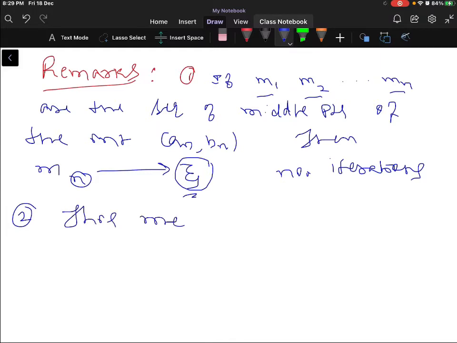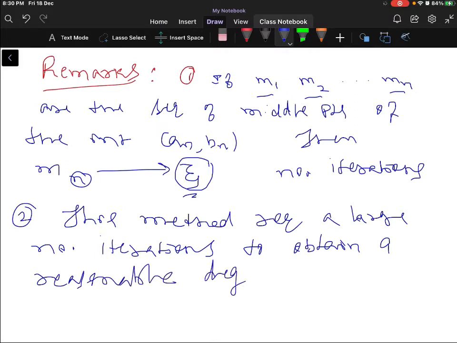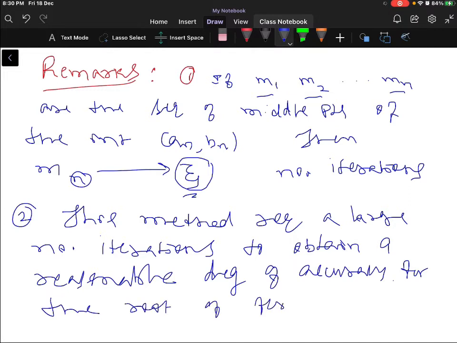So generally this method requires a large number of iterations to obtain a reasonable degree of accuracy for the root of f of x equal to 0.